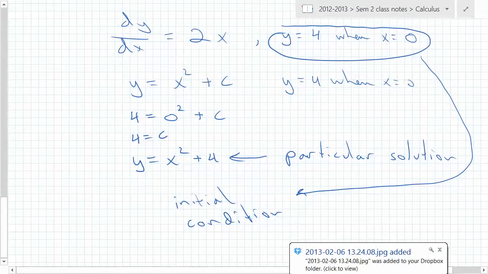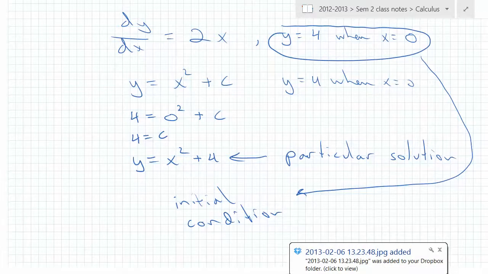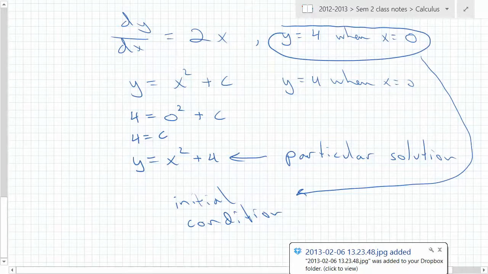The reason it's called an initial condition is you might know the starting temperature of the solid and the starting ambient temperature. That's the initial condition, and as time passes, it changes. The initial condition allows you to solve the differential equation and get a particular solution.